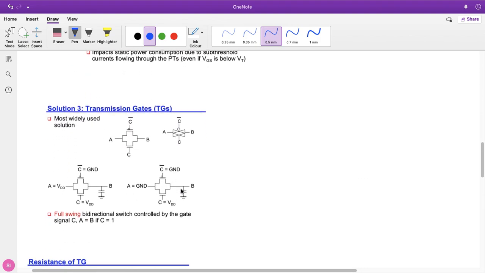The third solution is by using the transmission gates. This transmission gate is to provide a strong 1 and strong 0, and to overcome the problem with weak 1 and weak 0.